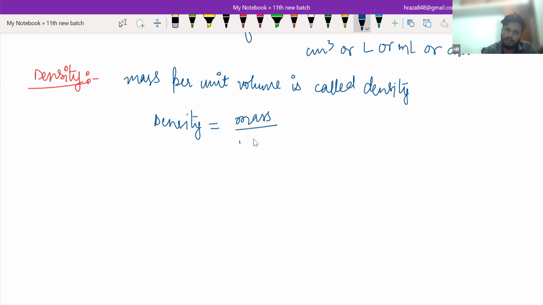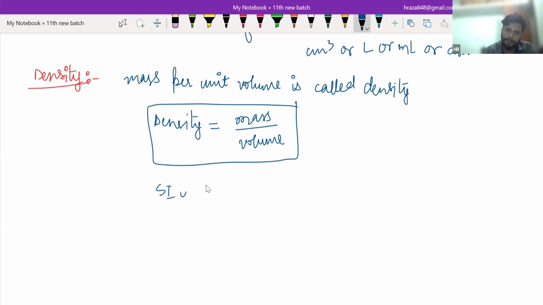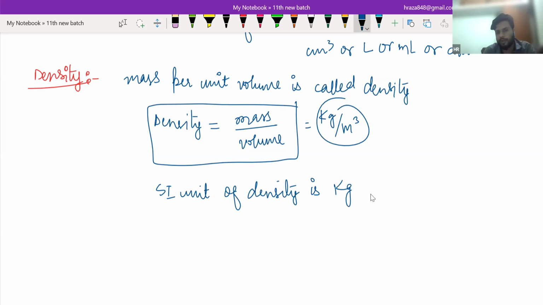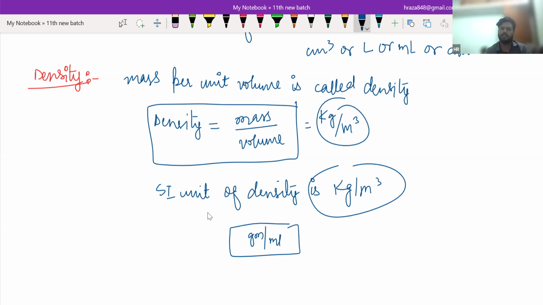Since the SI unit of mass is kg and volume is meter cube, the SI unit of density is kg per meter cube. Other units are gram per ml or centimeter cube, whatever is convenient, but this is the SI unit. Please write it.